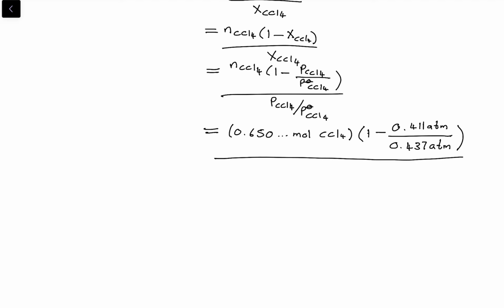And then this is divided by this thing again, so that's 0.411 atmosphere divided by 0.437 atmosphere. All right.